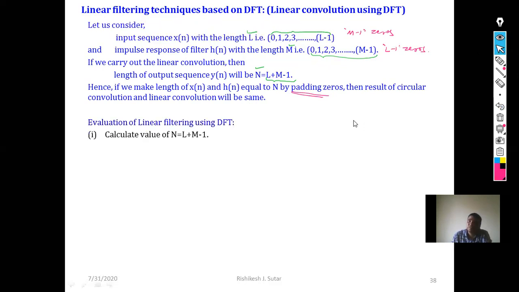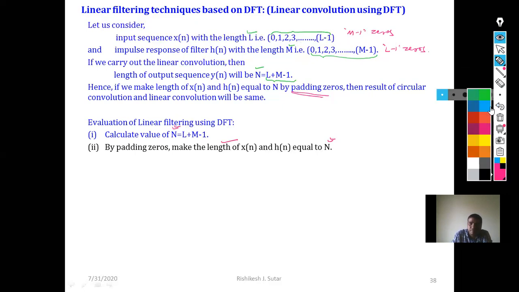First, calculate the value of capital N. The next step is to add zeros so that the lengths of x of n and h of n become N. If x of n has length L, then you have to add M minus 1 zeros.